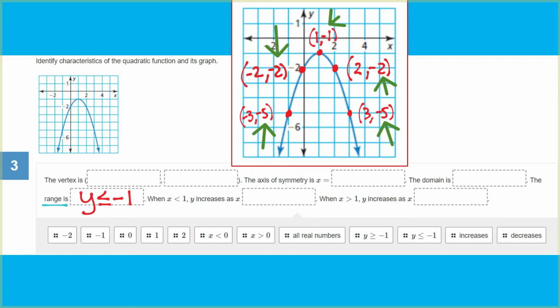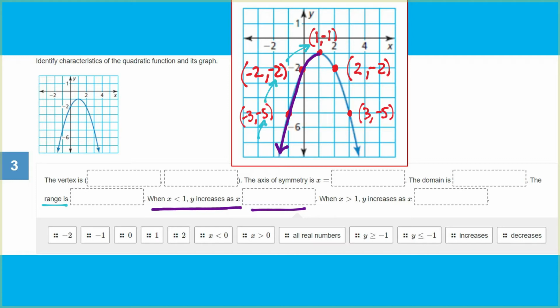The next vocabulary word: they want to know when x is less than 1, y increases as x does something. So when x is less than 1, which part of the graph has an x that's less than 1? It's this part of the graph right here that I'm highlighting in purple. That's where x is less than 1.